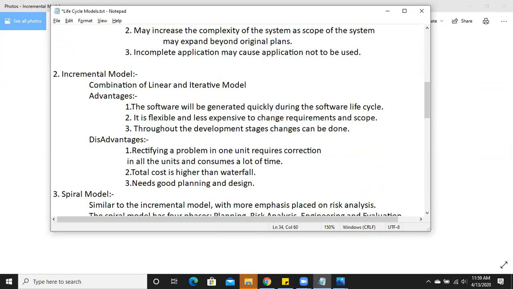Like if I am following the waterfall model, I cannot make changes throughout the development stages. With the help of the incremental model, I can do various changes in any step. No step will make any restrictions for me, so I can make changes in each and every stage, right?